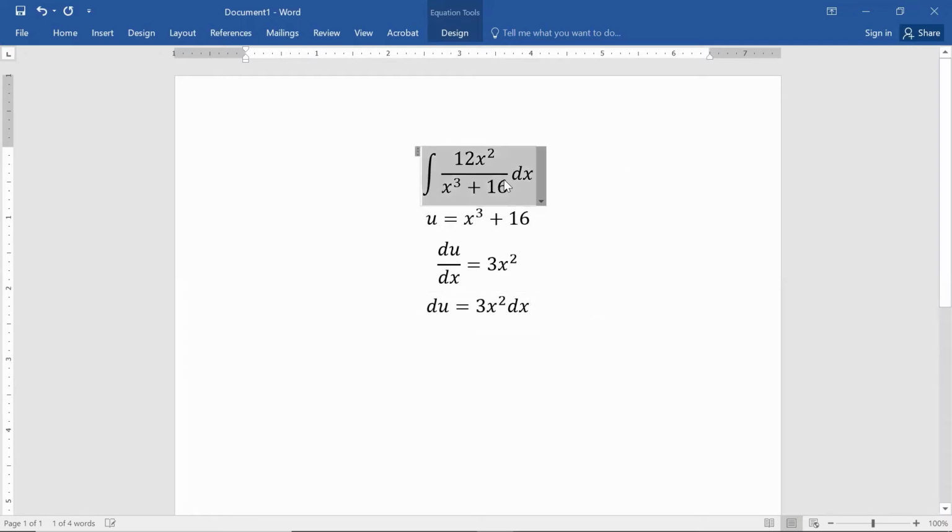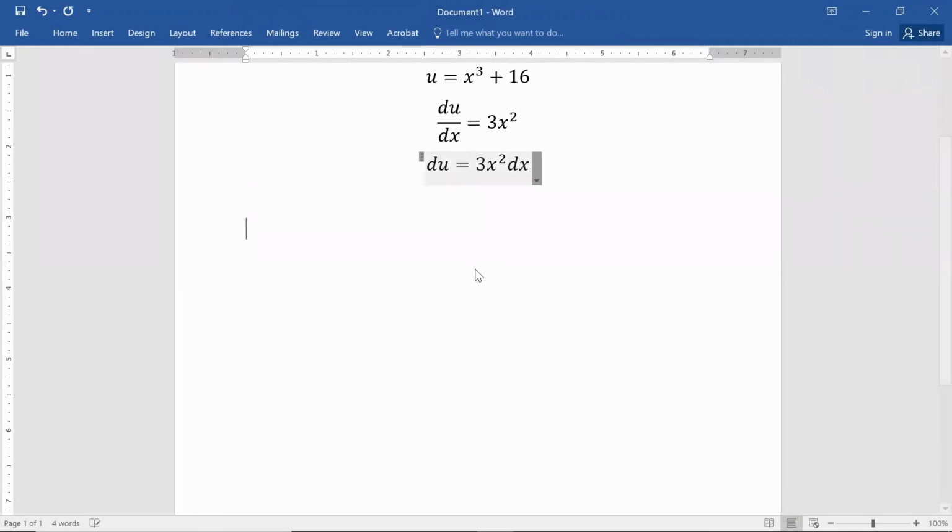Well, I can do that here. This is what I was talking about with building that intuition, saying, oh, 3x squared is the derivative of x to the third.